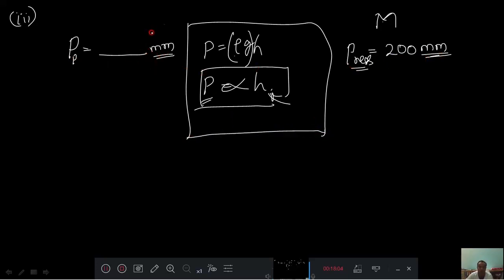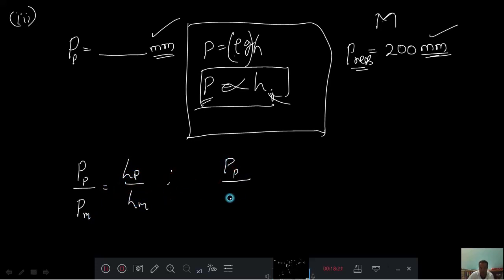Now these two are lengths, therefore I will consider the length ratio. Then pressure, pp divided by pm, is equal to lp divided by lm. So pp by 200 mm is 50 divided by 1.